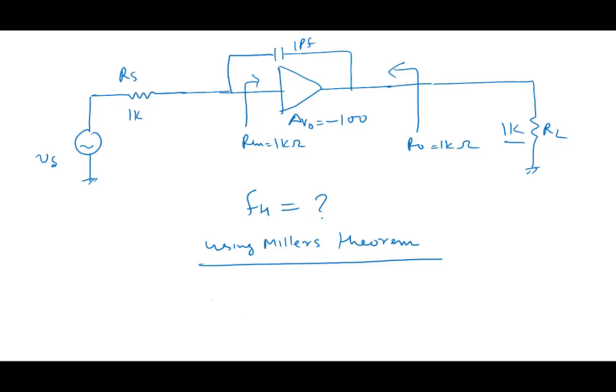See whether your answer comes out to be FH approximately, first order, 1 over 2 pi times 100 pF multiplied by 0.5K. See if it comes out to be that. Check this out.